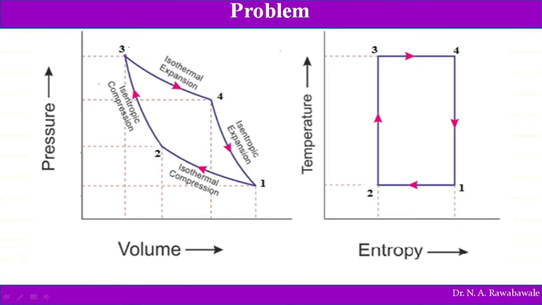At this point 3 we assume P3 is the pressure and T3 is the temperature. So T3 is 400 degrees Celsius and pressure P3 is 20 bar.